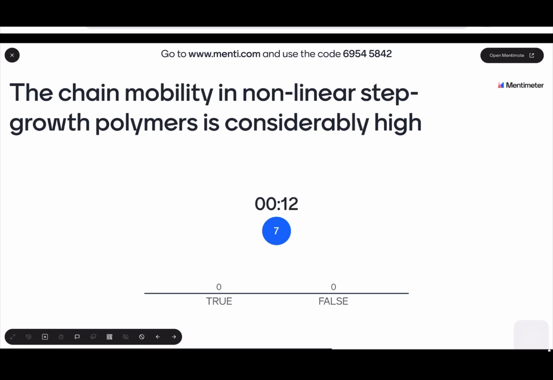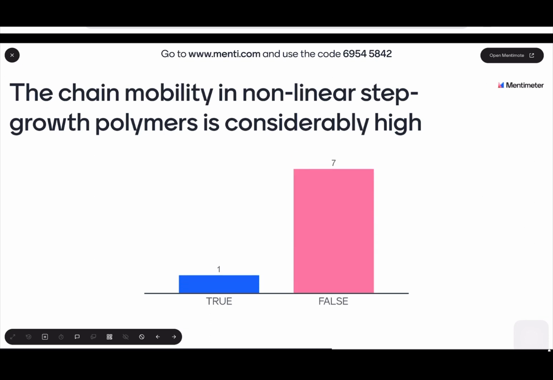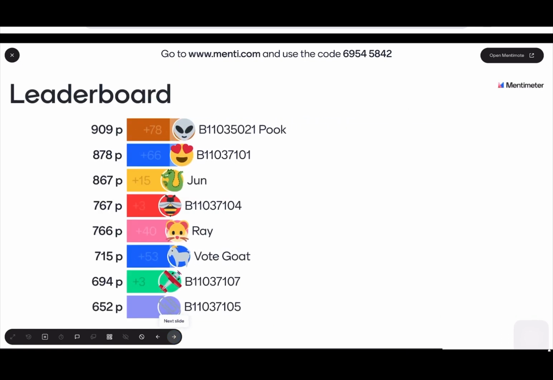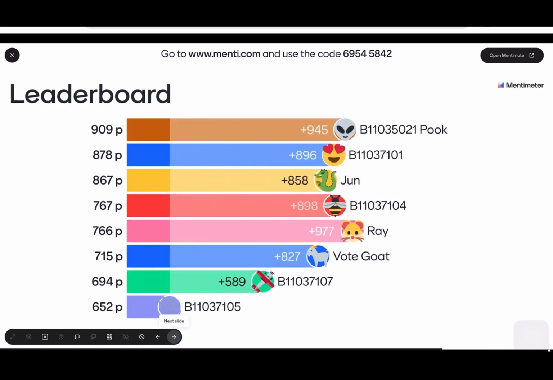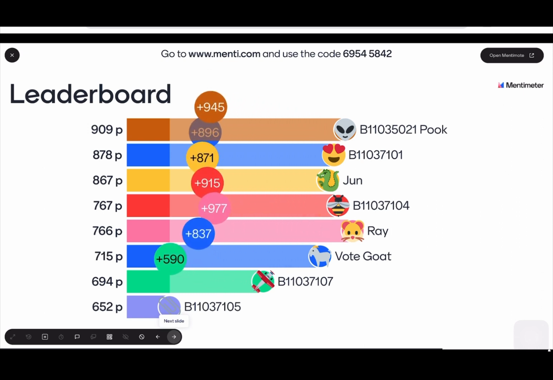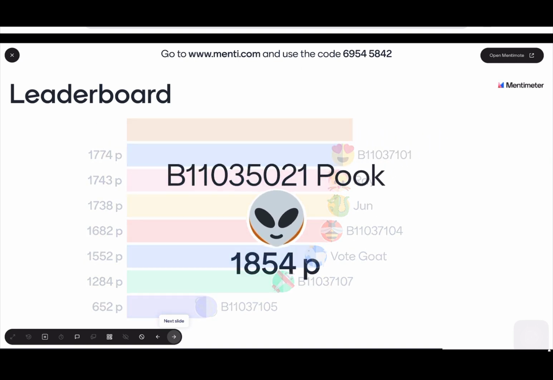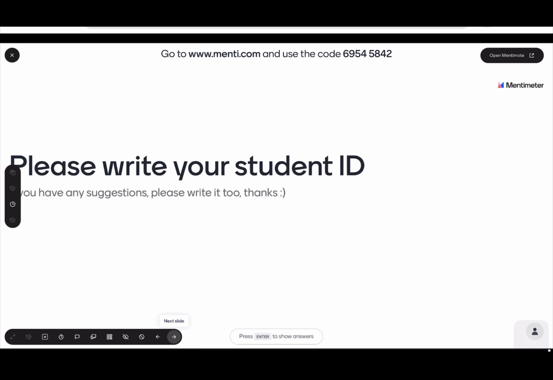Oh, really? Everyone has voted. Yeah, good. Remember, chain mobility in a network: it cannot move because it's already connected to each other. So it's not easy, and also not having any flexibility. Congratulations. Okay, last one.